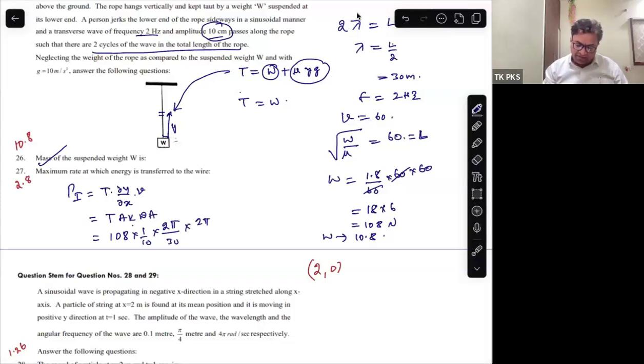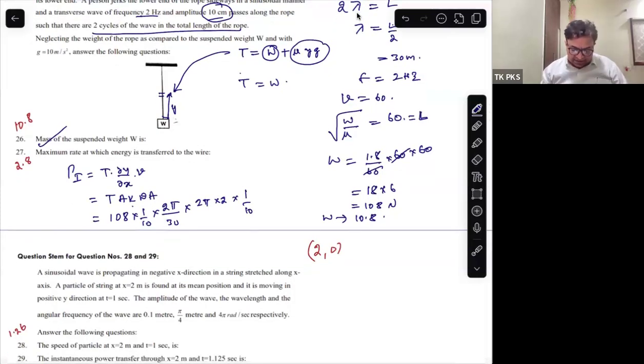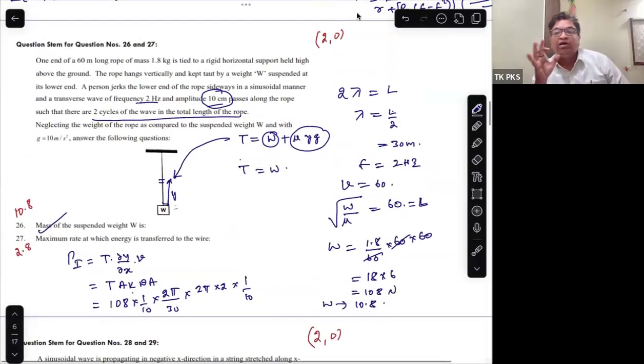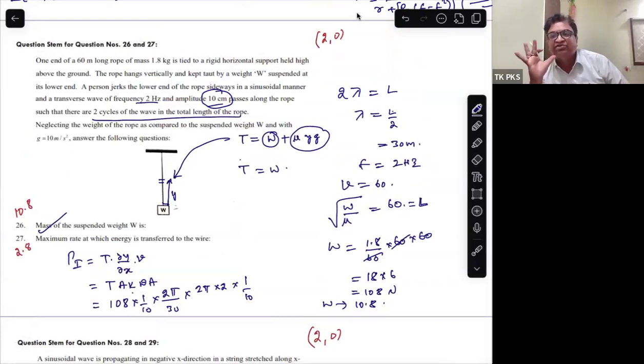Omega, 2 pi f, f is 2 hertz. And again amplitude, 1 by 10. Now you substitute all, you will get the answer. But remember, the major logic here is calculation. People will lose marks in calculation. Take care of that.